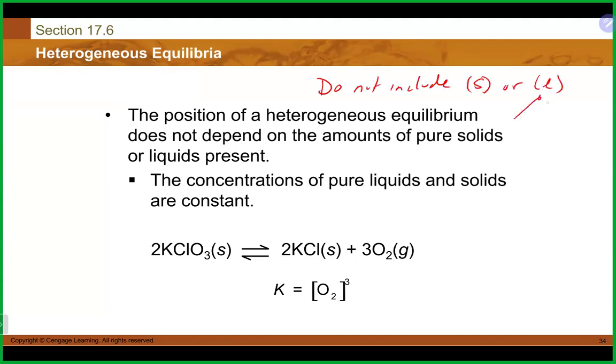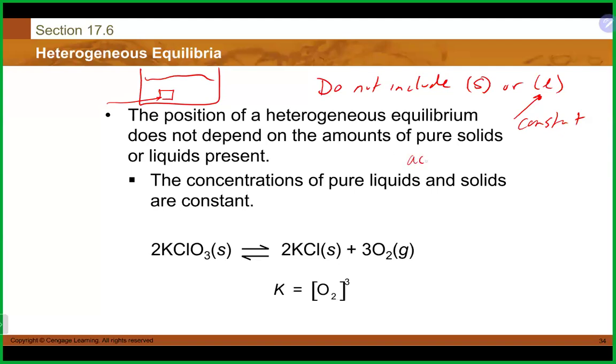The concentration of pure liquids stays pretty constant. And a solid, if you just think about it, is just sitting there, so it really can't participate much. The only way it can participate is if it dissolved, and at that point it would no longer be a solid; it would be aqueous, which would participate in the equilibrium. So those two things aren't included.